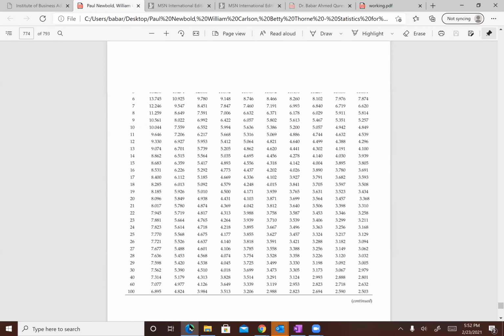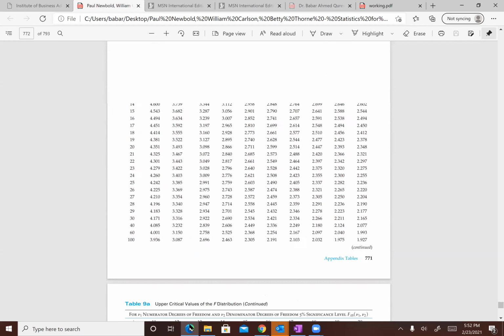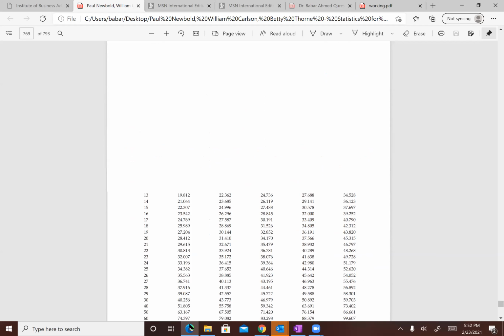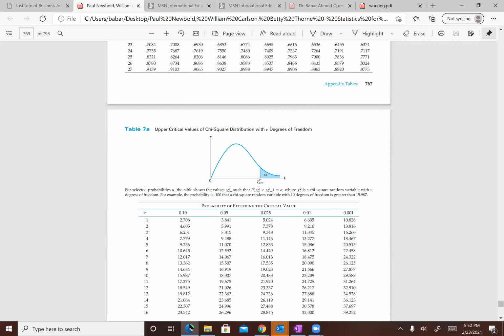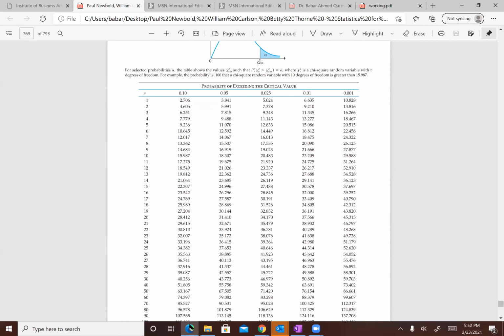This is the F distribution. Yeah, this is the chi-square distribution. Now, this is the number 5.